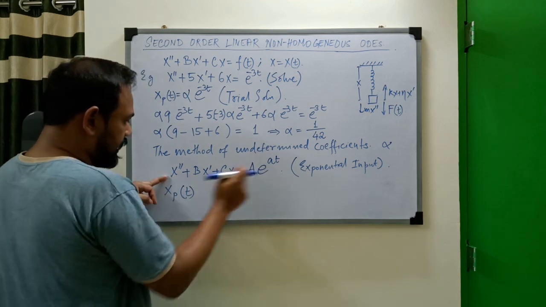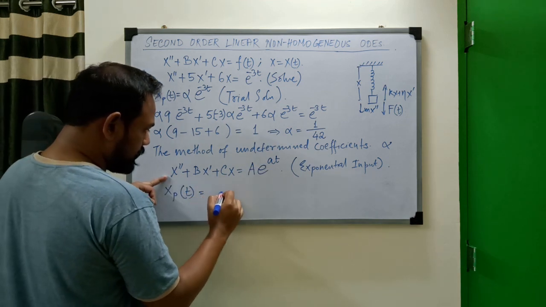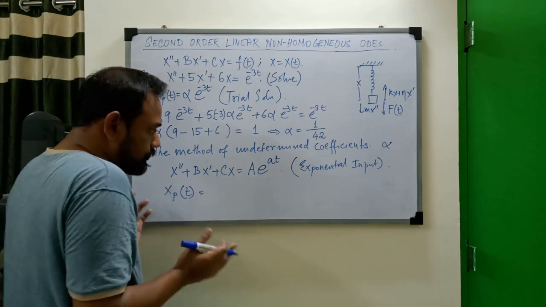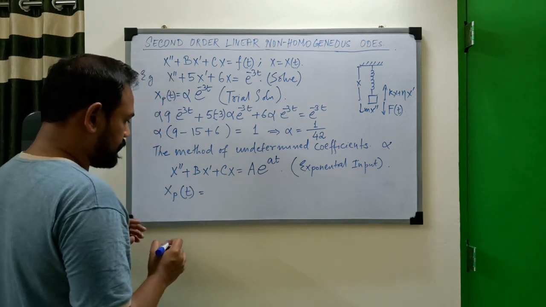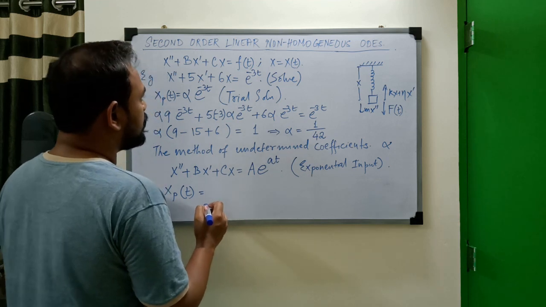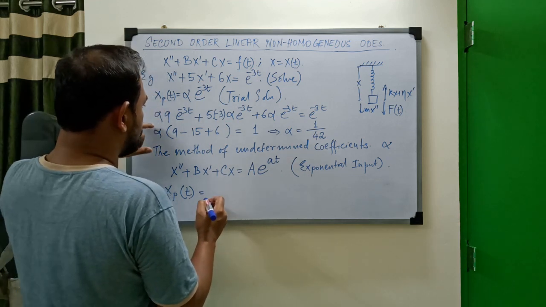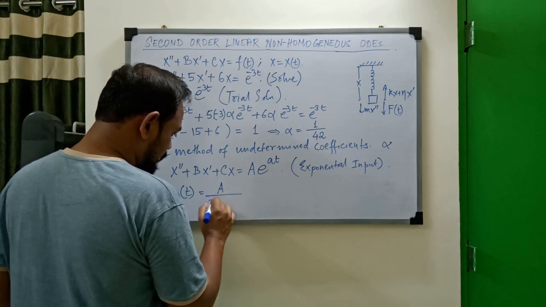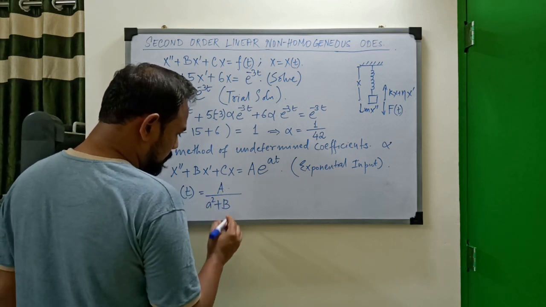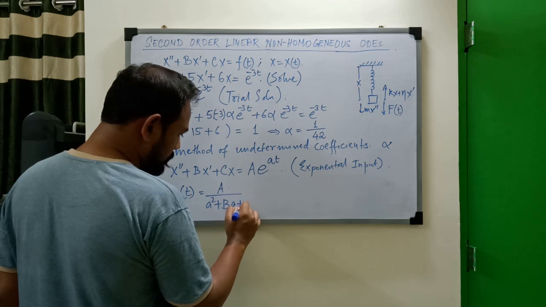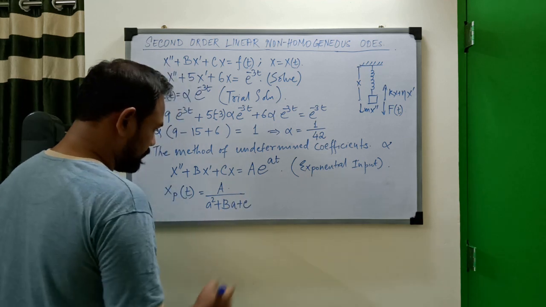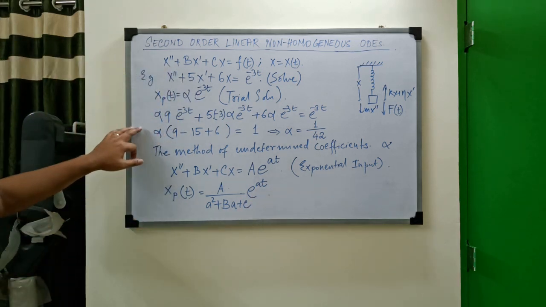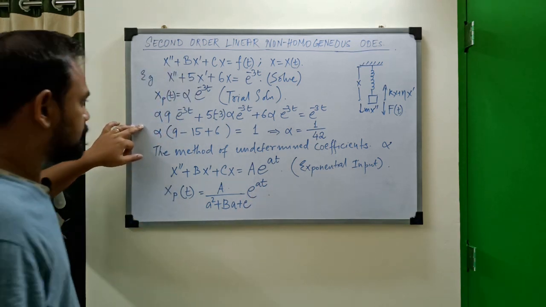So as long as small a square plus b a plus c is non-zero, the solution was capital A over a square plus b a plus capital C, e to the power small a(t). That's what we found, isn't it?